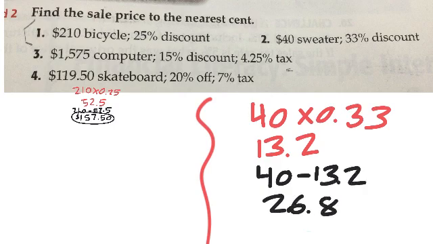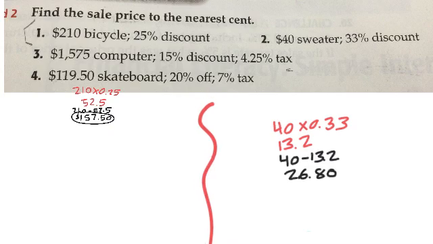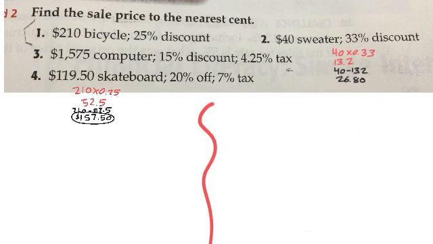And then to make that look more like money, let's put a 0 at the end there. Okay? So it's $26.80. 26.8 is the same thing. We just like to have that second decimal place. Any questions on 2? Everybody good with that?